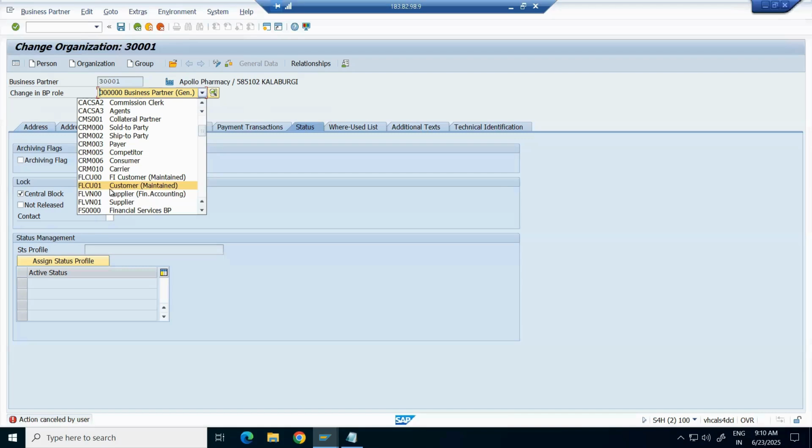In another way, you can understand three types of things we had discussed will come under the customer master, right? That is general data, another one is customer company code data, another one is sales data.